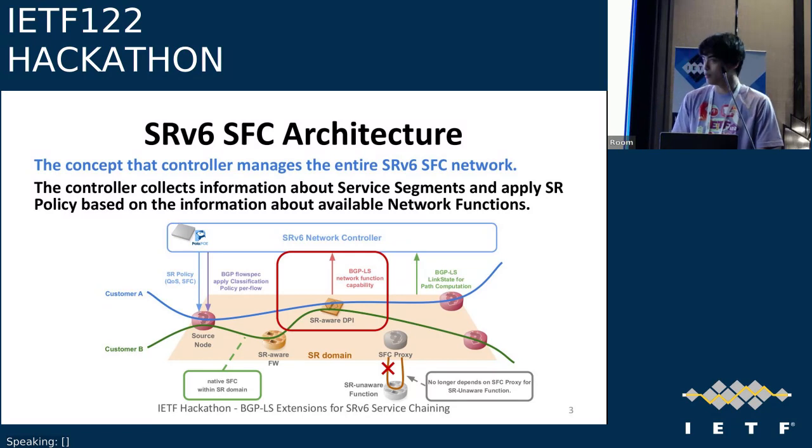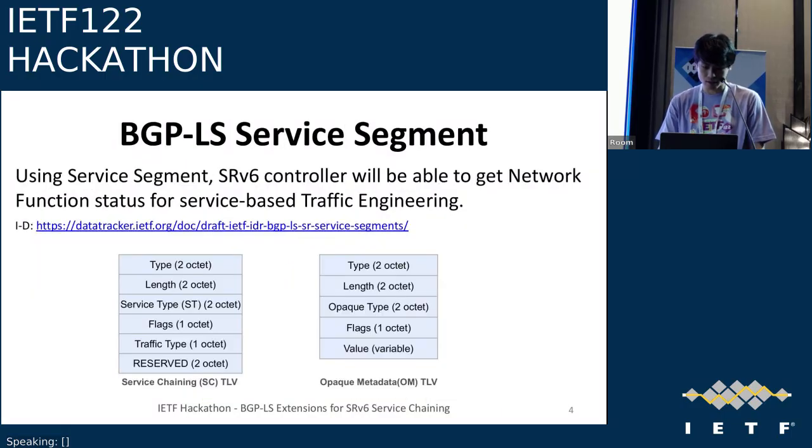This is our architecture of SRv6 SFC, and we implemented the BGP-LS extensions for acquiring service segments. This is the architecture. These are the two new TLVs. First is the service chaining TLV, and second is the opaque metadata TLV.